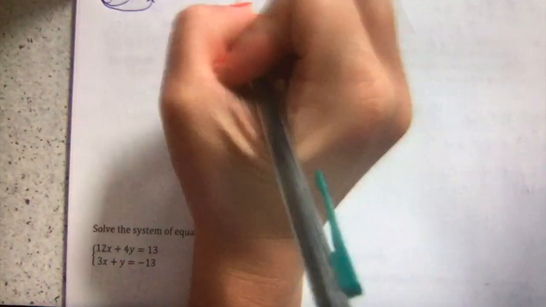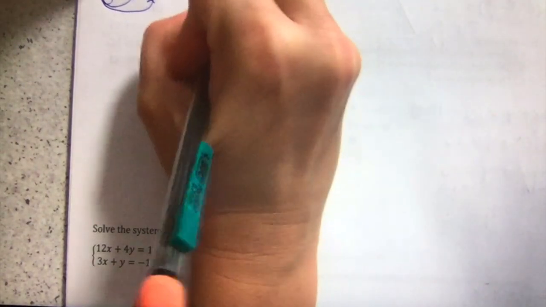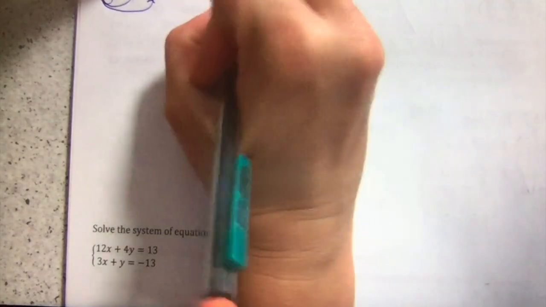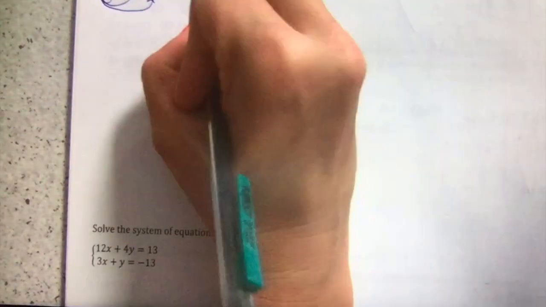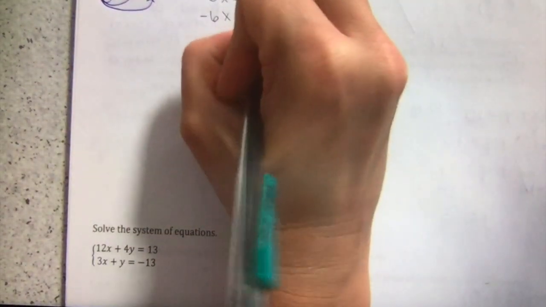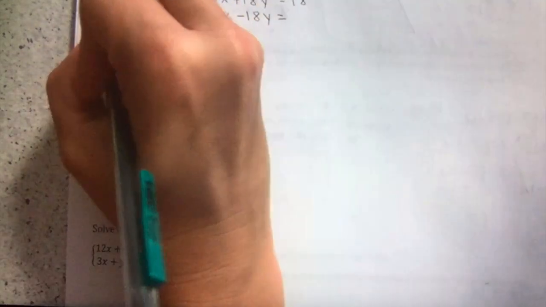So that will give us 3 times 2x is 6x. 3 times 6y will give us plus 18y equals 3 times 6, which will give us positive 18. On the bottom, negative 2 times 3x is negative 6x. Negative 2 times 9y is negative 18y equals negative 2 times 9, which is negative 18.